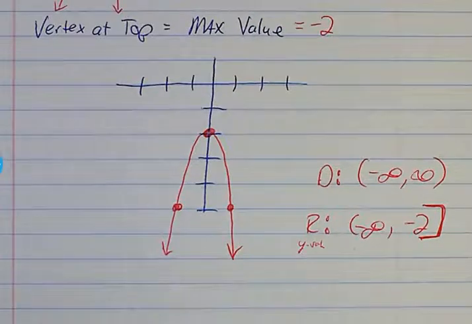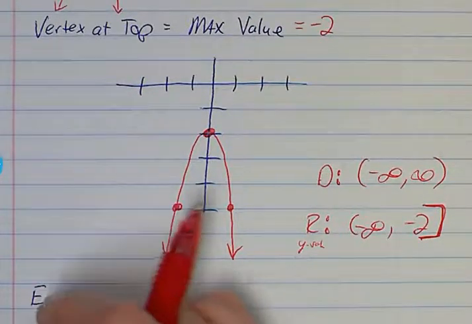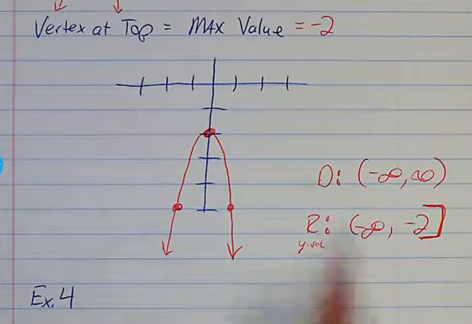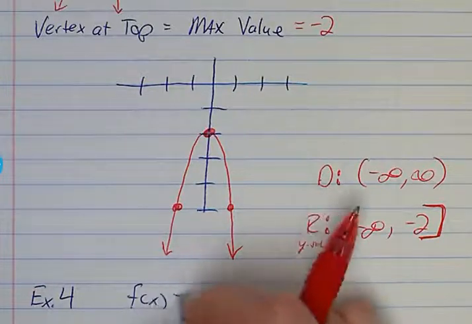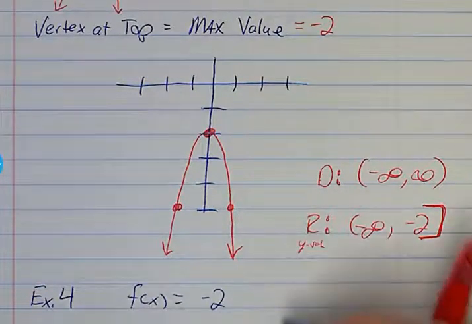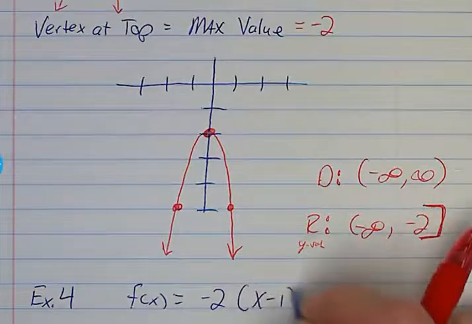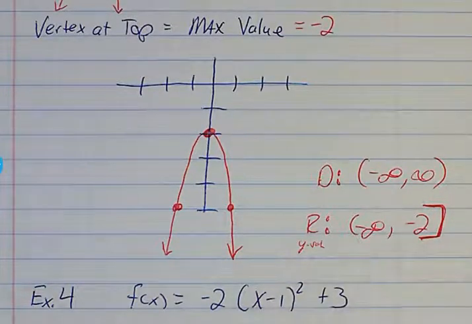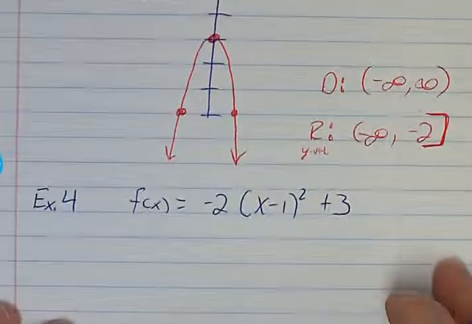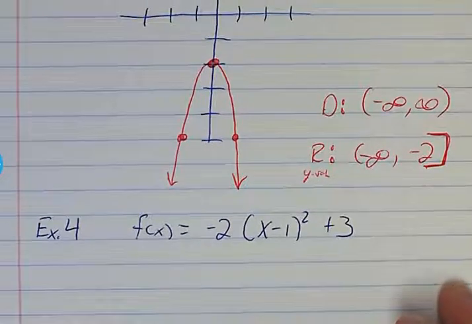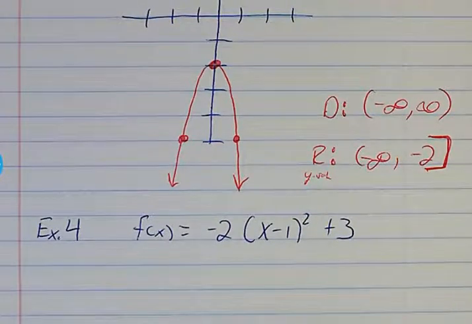All right, one more. For this one, we're going to do negative 2 times x minus 1 squared plus 3.